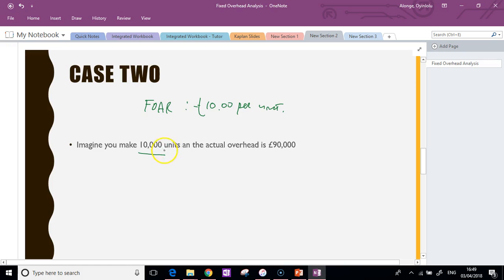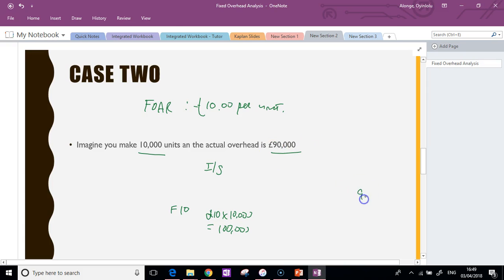So you make 10,000 units, and because you're attaching this £10 to it, your income statement shows underneath fixed costs, fixed overheads, £10 times 10,000 units, which is £100,000. Now, the actual overhead is £90,000.